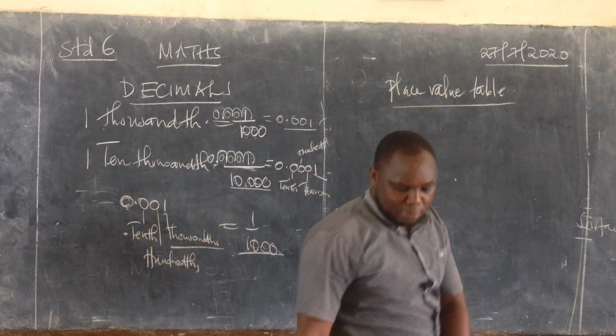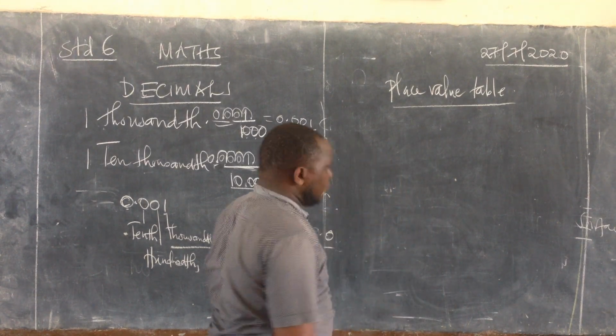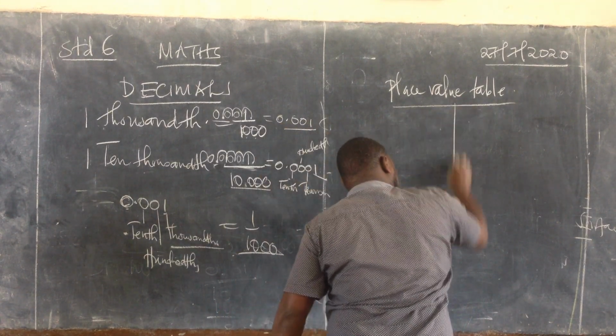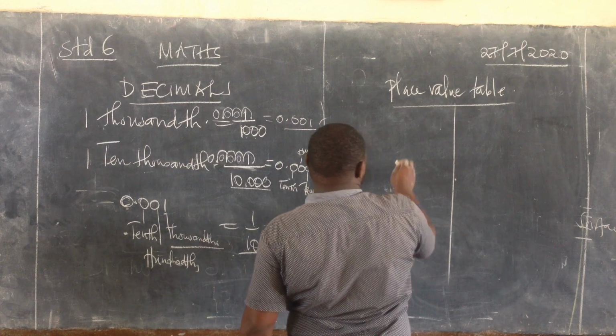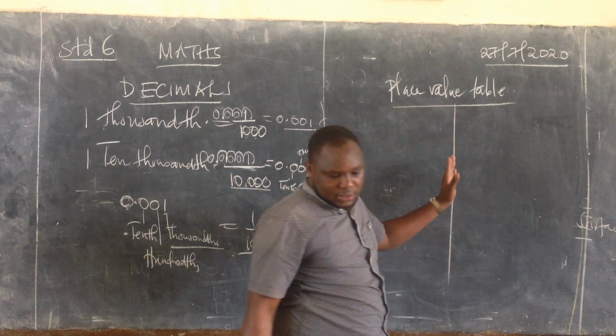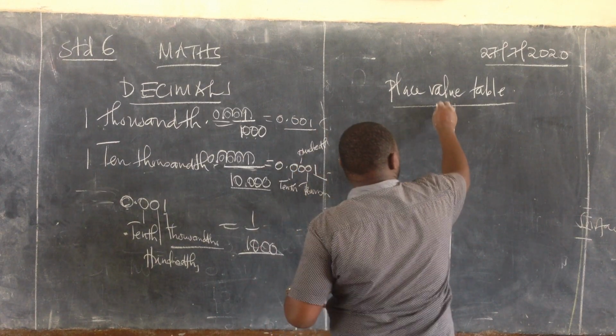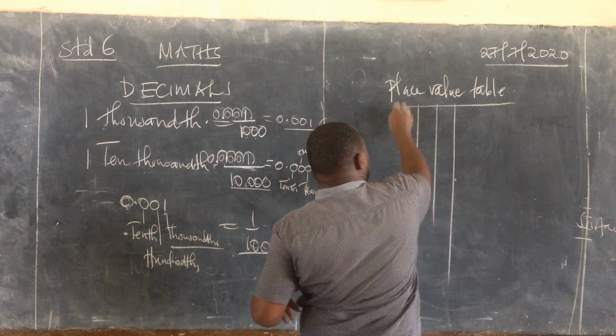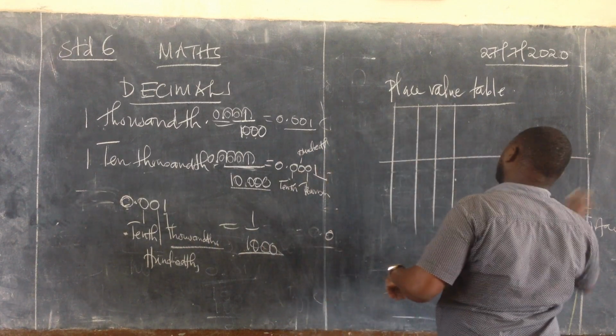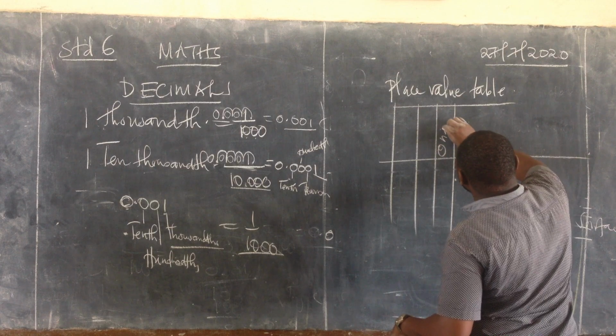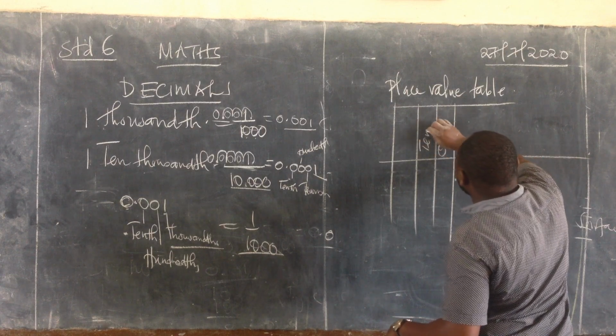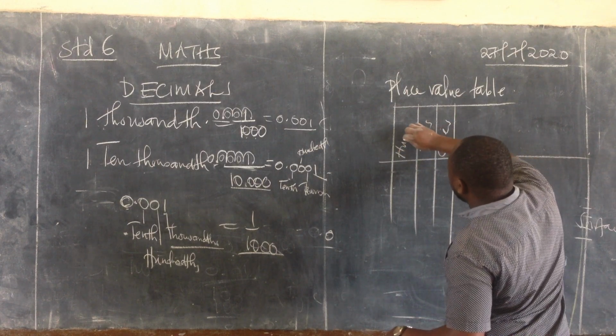We are going to have a table that comprises ones, tens, hundreds.